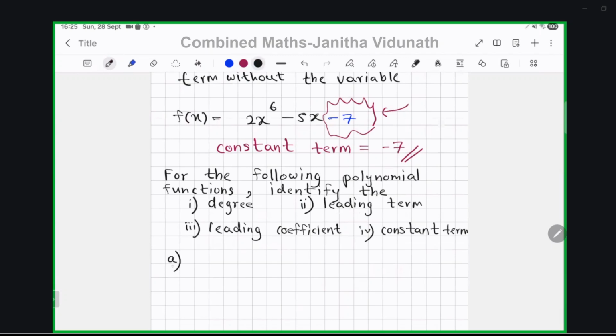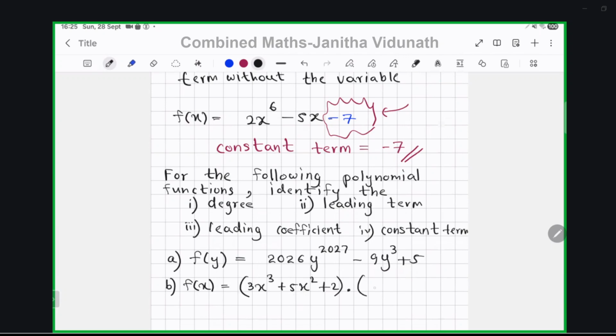The first one is f(y) is equal to 2026 y to the power 2027 minus 9y cubed plus 5. Second one, f(x) equal to 3x cubed plus 5x squared plus 2 times 2x squared minus 7x minus 3.